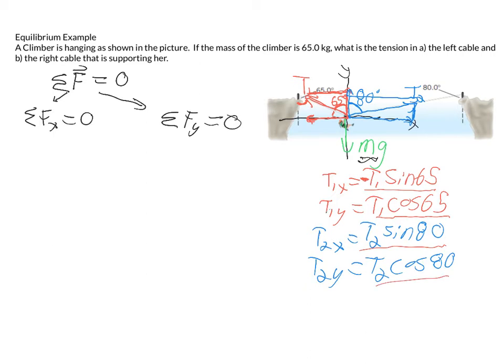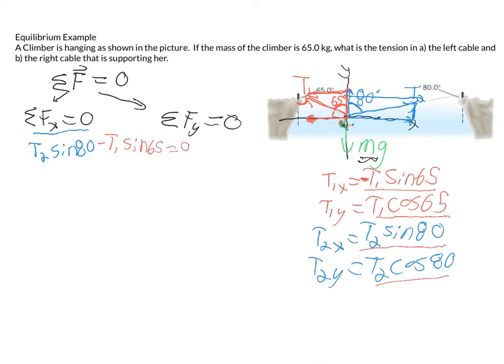So let's go ahead and do some of our forces now. If we start with the forces in the x direction to see if we can solve, in the positive x direction we have T2x, which is T2 sine 80. And then we also have negative T1 sine 65, and that's all, equals 0.